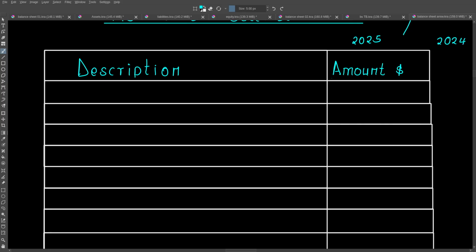Okay, so for teaching purposes, we're just looking at this period, but remember, when we are preparing them to publish them, you should always have your previous year balances as well. Make sure you have them when you're publishing the statement of financial position. So now let us look at how we prepare this statement for year 2025 as at 31st December 2025.